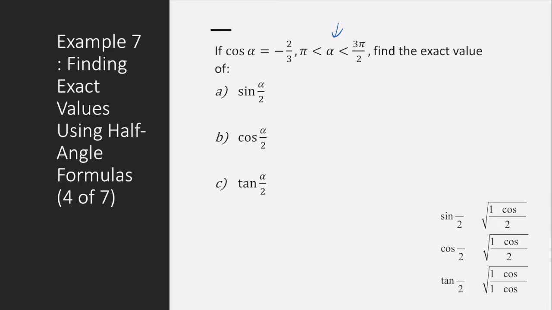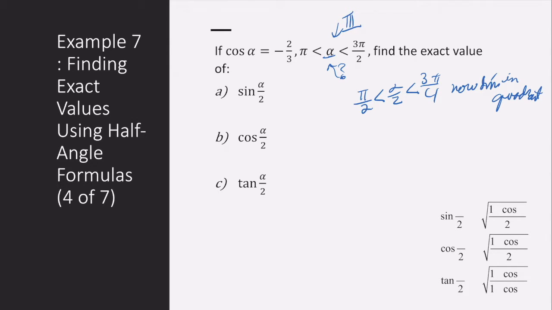And we are in quadrant 2. Nope. Alpha right now is in quadrant 3. But what quadrant will we be in when I divide alpha by 2? So let's go ahead and take pi divided by 2 less than alpha divided by 2, which is less than 3 pi divided by 4.